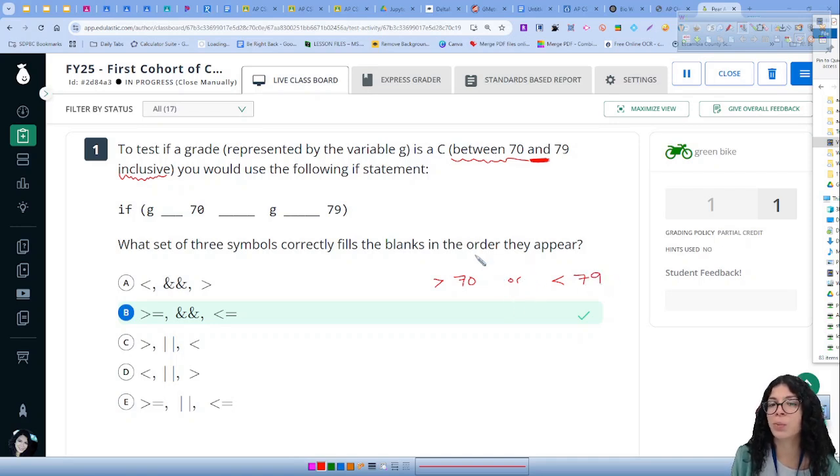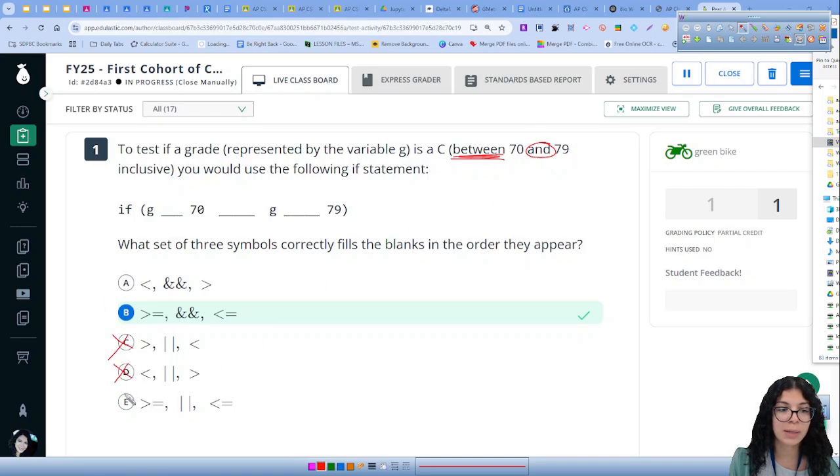Because all numbers would fit into the category of being either bigger than 70 or smaller than 79. Is 1 bigger than 70? No. Or is 1 less than 79? Yes. And remember, in an or, you only need one of the 2 to be true. So a good rule of thumb to remember is anytime it's in between 2 values, you always want to use an and. So for that reason, we're down to just A or B.